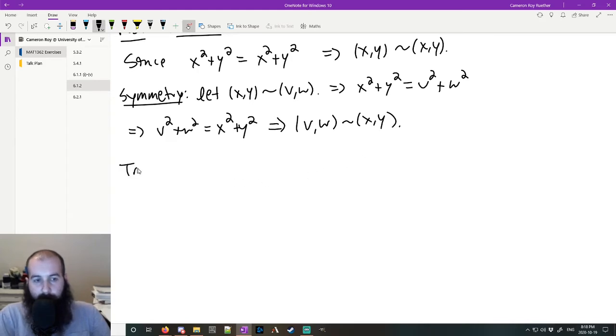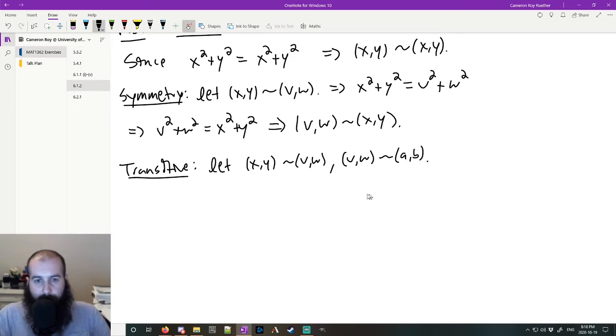To see that it is transitive, we need a chain of equivalences, so let's let xy be related to vw, and vw be related to ab. This means, by definition, that x squared plus y squared is v squared plus w squared, and that v squared plus w squared is equal to a squared plus b squared.